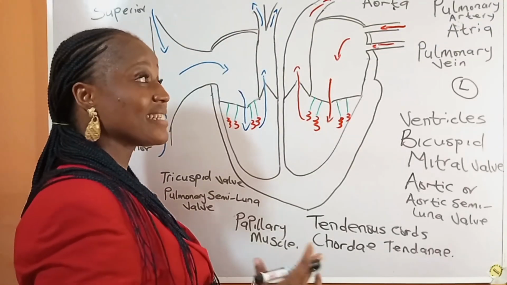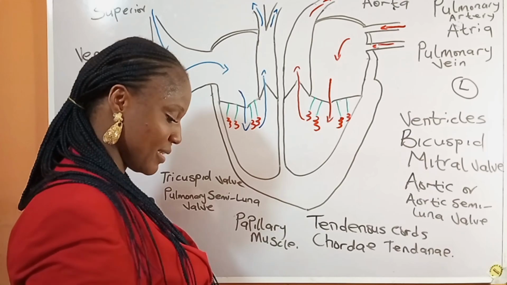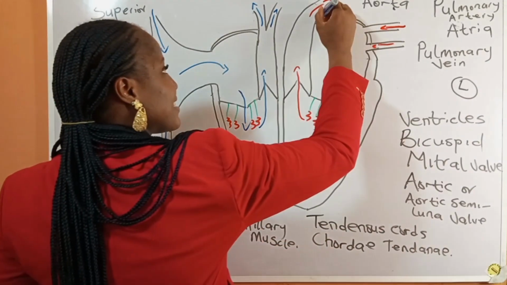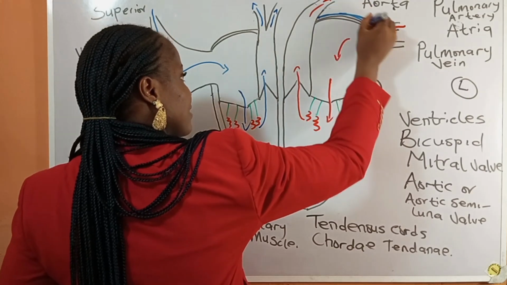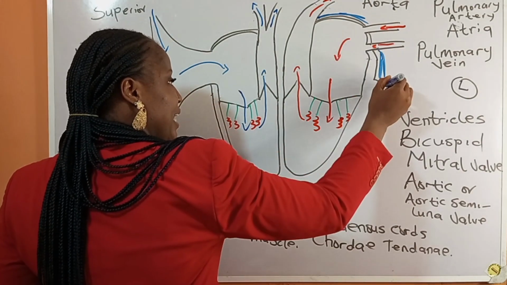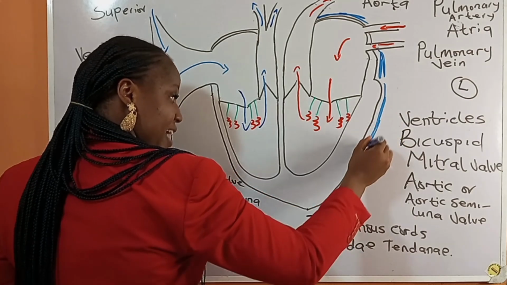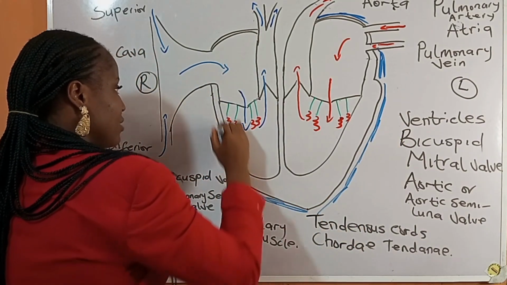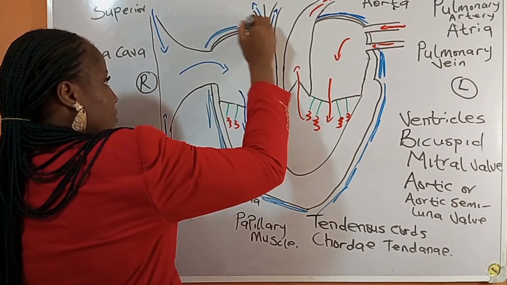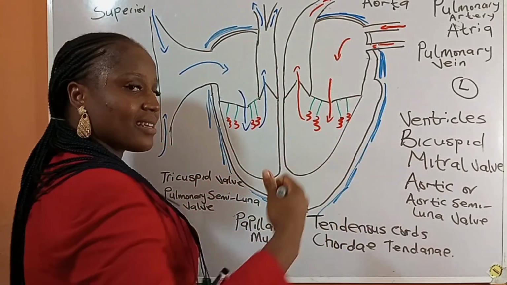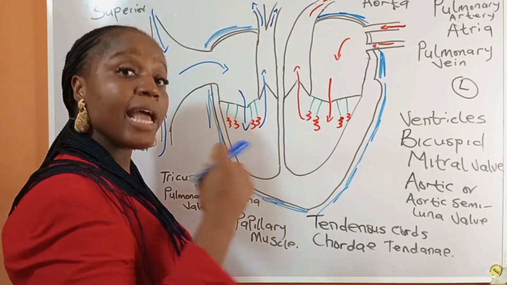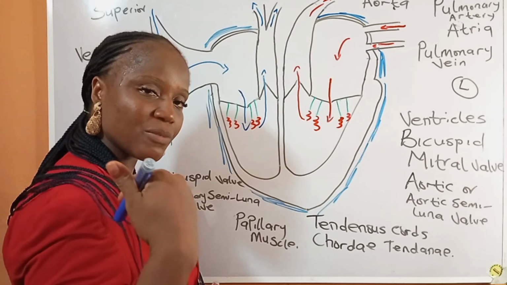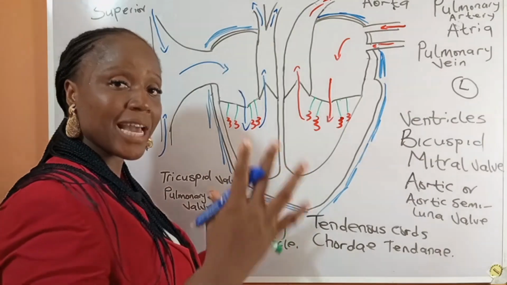Last but not the least, let's get to see the layers of the heart. The heart is sitting in a thick sac, a very strong sac, surrounding the heart like this. This sac gives the heart extra protection, in addition to the sternum and the ribs and the vertebrae, in order for the heart not to overexpand.